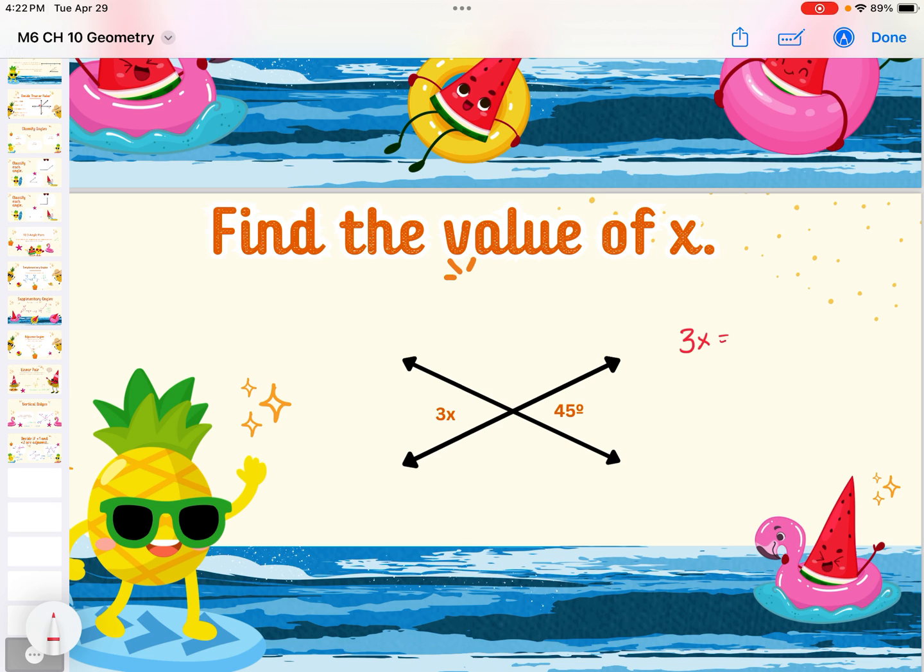So we will just set these two angles equal to each other. 3x is equal to 45 degrees. So now I just have to think. Opposite of multiplying is dividing. So I will do 45 divided by 3, which means that is 15 degrees. So x equals 15 degrees.